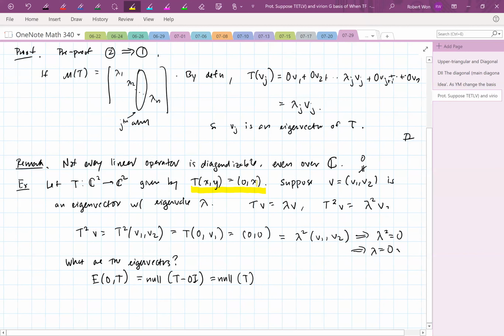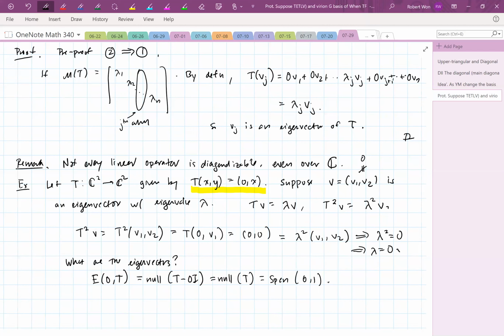Right? Because from the output, the first coordinate needs to be 0 in order to get 0, 0. So this is just the span of the vector 0, 1. Which means that this eigenspace is one-dimensional. So the most number of linearly independent eigenvectors of T that I can get is just 1.